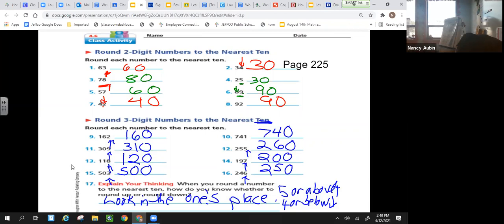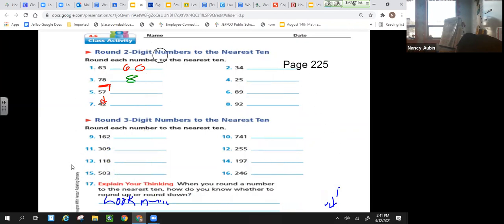Nice job. All right, we're going to use our rounding skills to estimate. So I want you to turn to page 226. Now we're going to actually use the skill in real life situations. So now that you know how to do it, how do we actually apply it to real life? I'm going to show you.